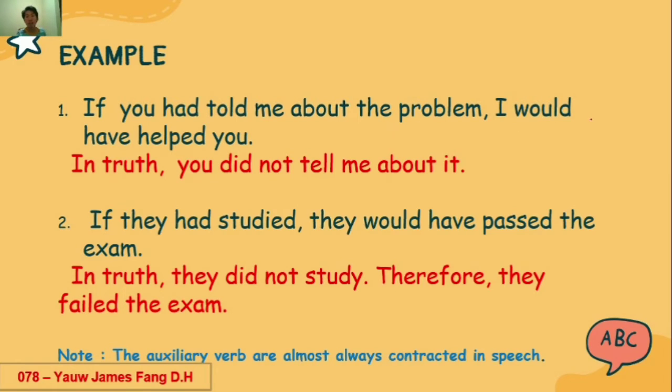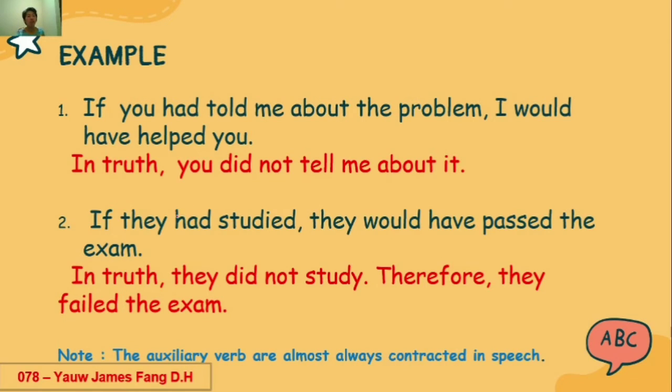And in the main clause there is a subject plus future past perfect. The subject is I and the future past perfect is would have helped, and you is the object. Because this sentence is untrue, there is a truth condition. In truth, you didn't tell me about it. In the truth, the grammar is simple past.